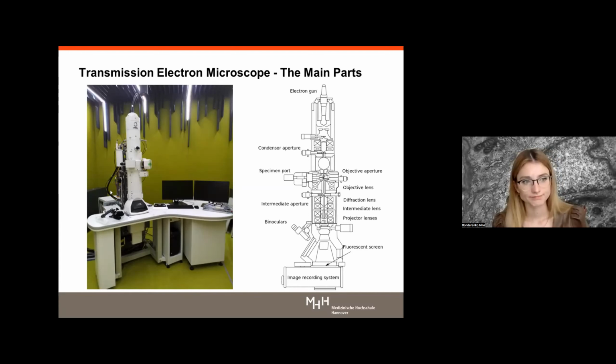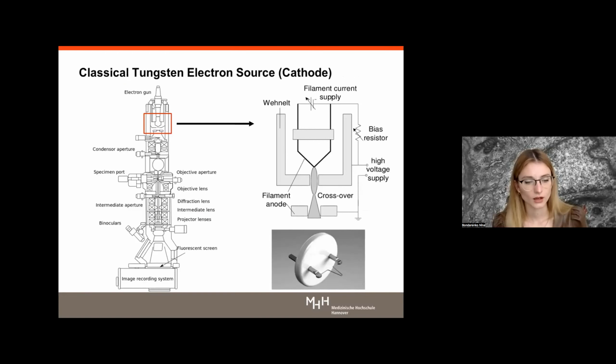I want to explain how we can receive this beam of electrons. From top to bottom, electrons can be released from the cathode. The cathode can be different sources. It can be tungsten filament, or lanthanum hexaboride, or some other single crystal source.